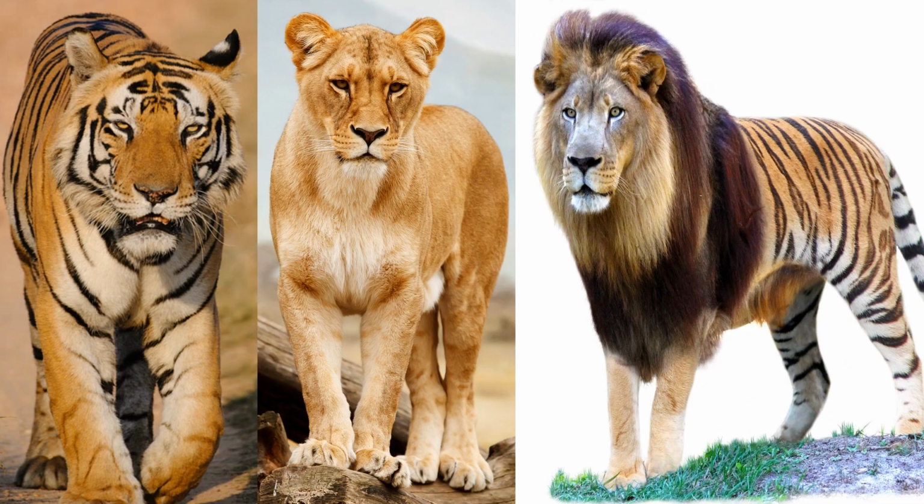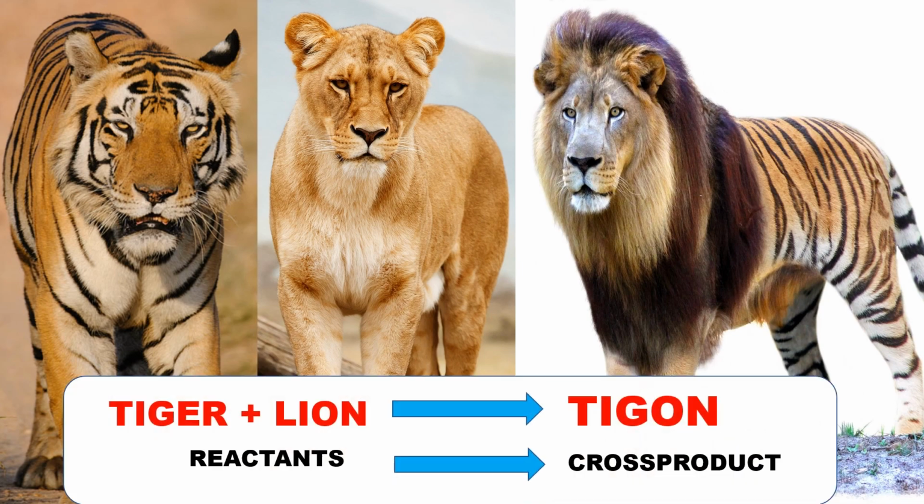Here you can understand from these two species, which are similar but non-identical. This one is the tiger, and this one is the lion.